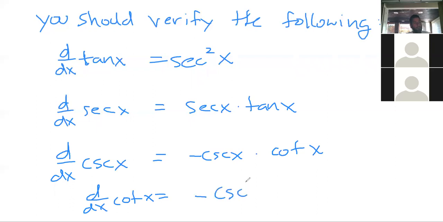These are not difficult. All four can be verified using the quotient rule. You write tangent as sine over cosine, secant as 1 over cosine, cosecant as 1 over sine, and cotangent as 1 over tangent. If you do that, you'll get these formulas.